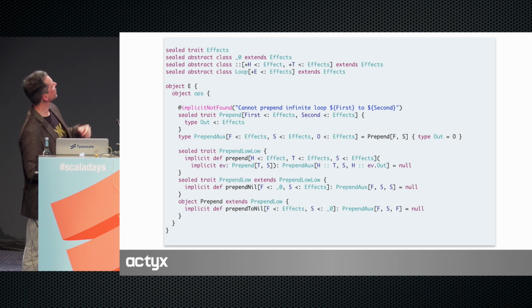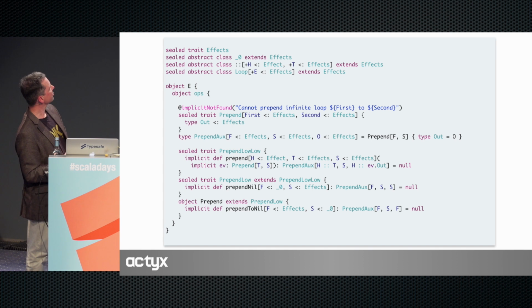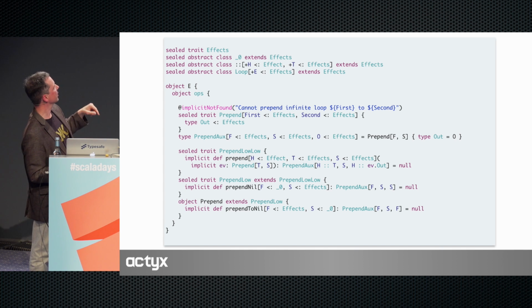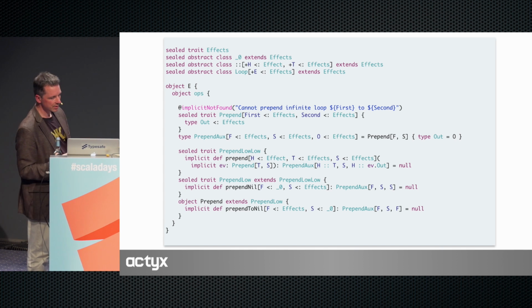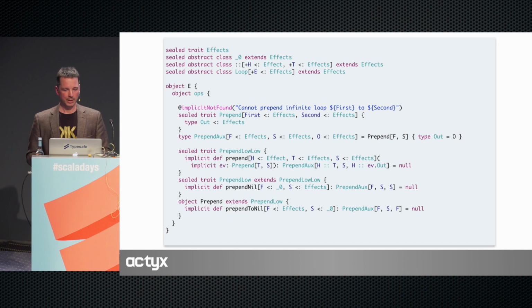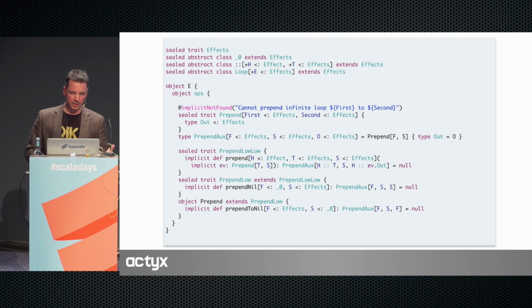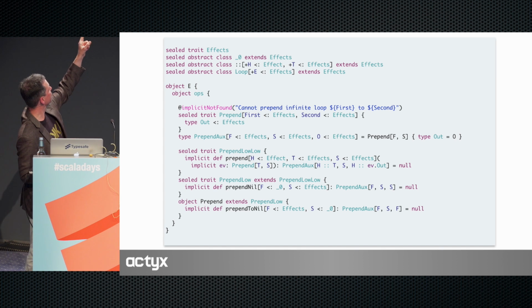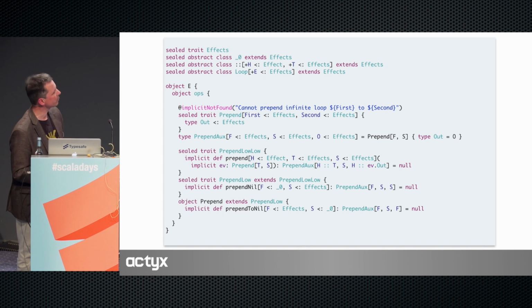And then we ask for an implicit Prepend, and here are just the cases. The compiler will first look in the lowest. If we prepend something to the empty list, well, it's the something. If we prepend the empty list to something, it's again the something. And the PrependLow case is the interesting one where we do the induction.